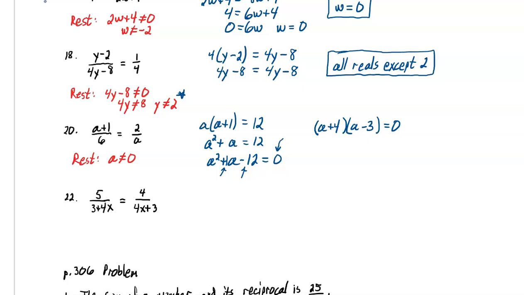From factored form, we can get the answers. A plus 4 equals 0, or A minus 3 is equal to 0. Solve them both. A equals -4, and A is equal to +3. Neither of those were our restricted value, and so those two numbers are the answers for A.